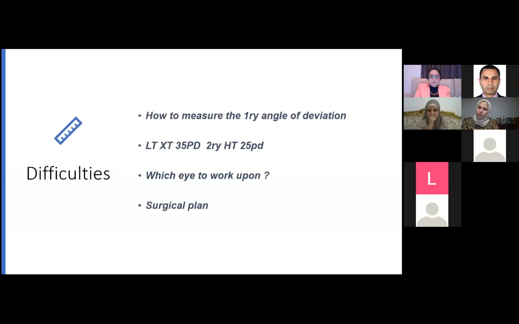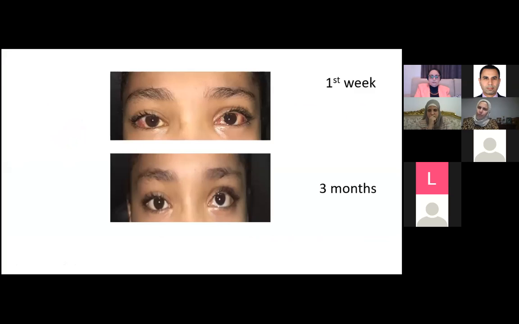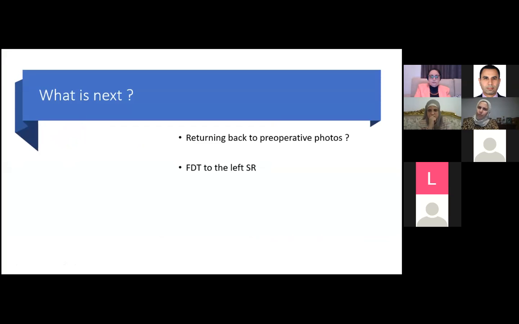I should have performed the force reduction test also on the superior rectus, and maybe this would have corrected the whole vertical deviation. So I think the next step is to perform a force reduction test on the left superior rectus, and perform left superior rectus recession.